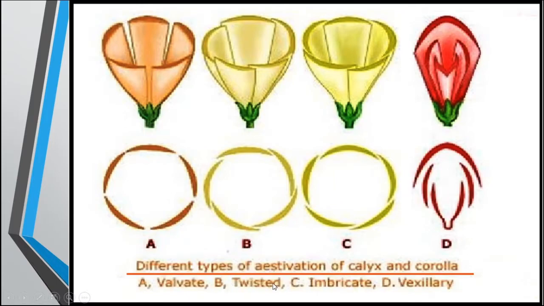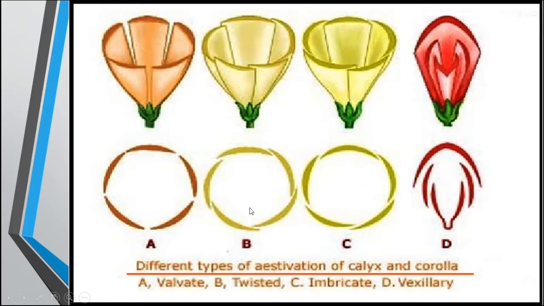In this figure we can see the aestivation of calyx and corolla. When this is valvate type, the calyx or corolla are arranged in such a way that they are not overlapping each other, not united, and they are just touching at their ends, then it is known as valvate type of aestivation.